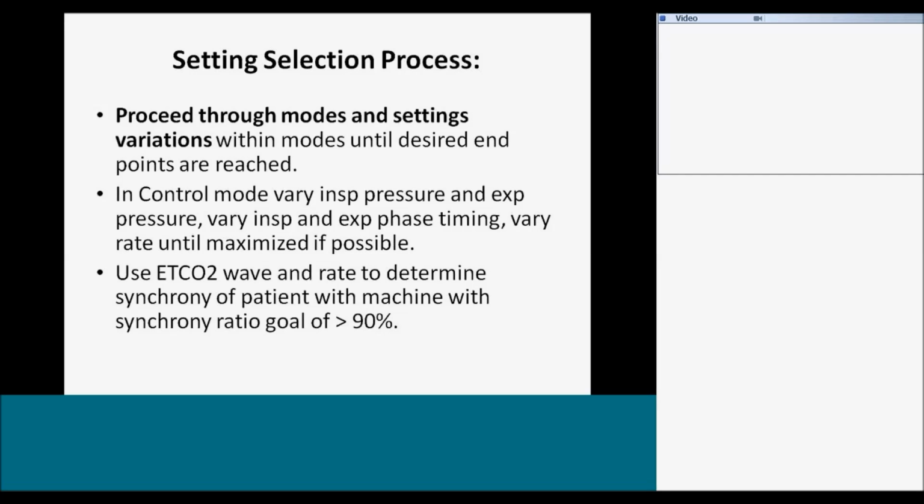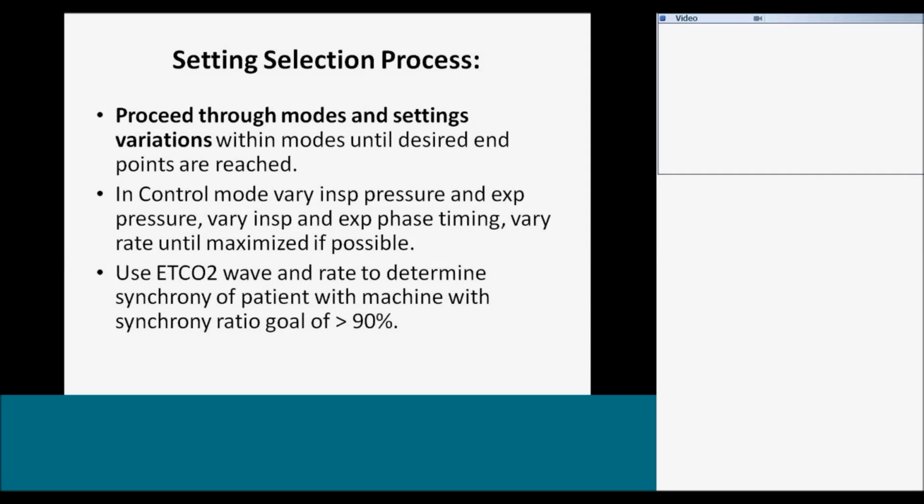So if your machine is cycling at a rate of 24, your end-tidal CO2 waveform should be showing 24 cycles a minute and reading a rate of 24 as well. So those waveforms should match. Otherwise, your patient may not be getting quite enough span to allow the machine to lift the load, or they may need just a little bit more time.